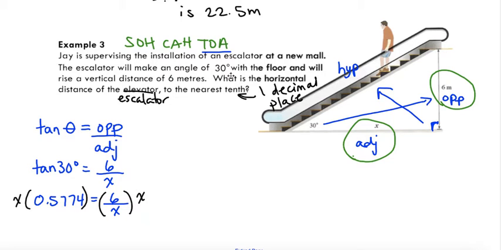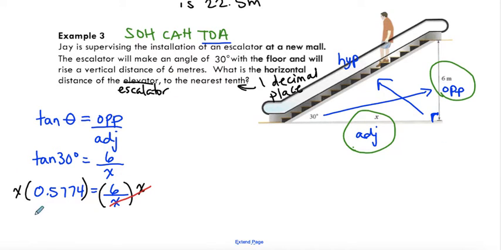So this is a strategy that you can use. So the x's will cancel each other out on that right-hand side. And so what we're left with is x times 0.5774, and that's equal to 6.